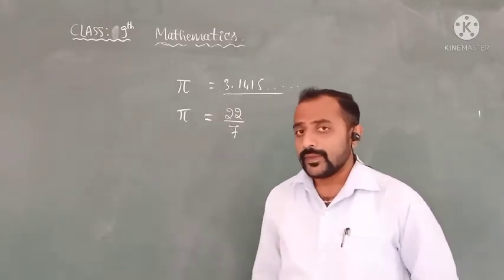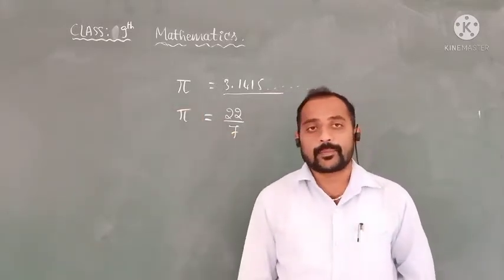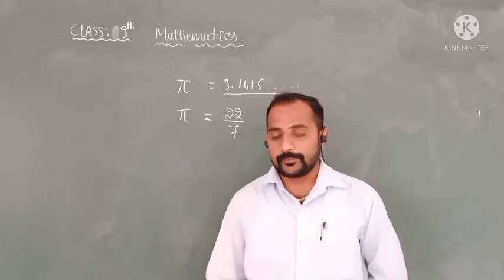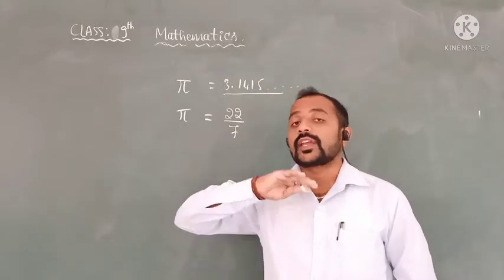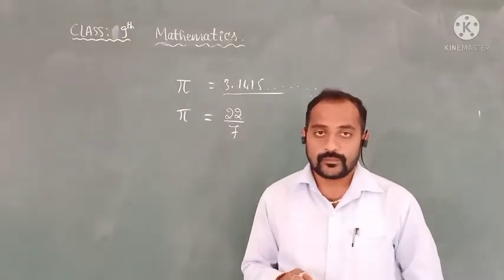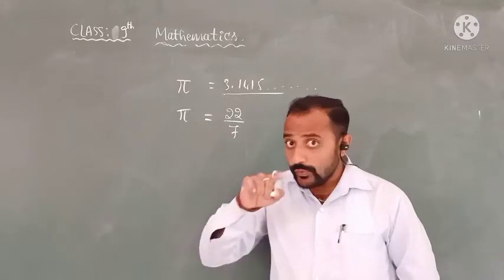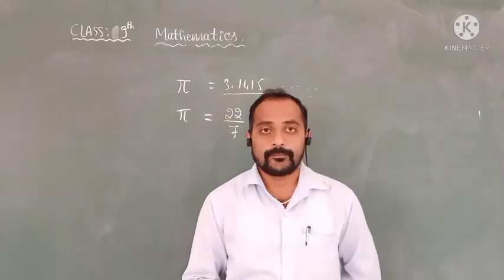What does that mean, sir? As per your syllabus, as per that statement, pi is an example for an irrational number. So, an irrational number means the number which cannot be written in the form of p by q. Right? Now we are taking the value of pi as 22 by 7.